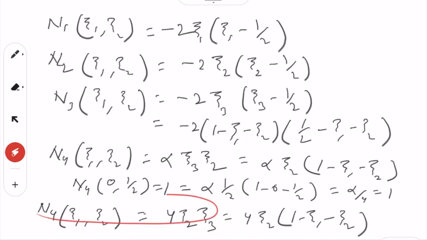Once you have this, since this is symmetric in xi1, xi2, xi3, accordingly we can write the others as well. So n4 is like this, 4 is for nodes 2 and 3, so 5 will be for 3 and 1, and so on.